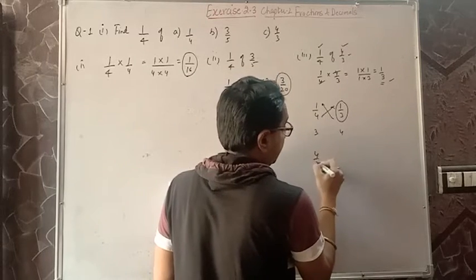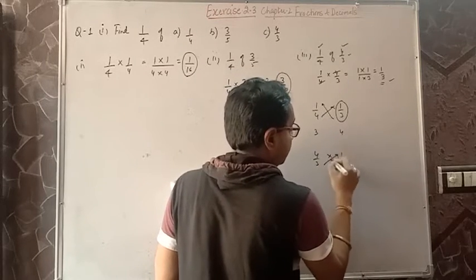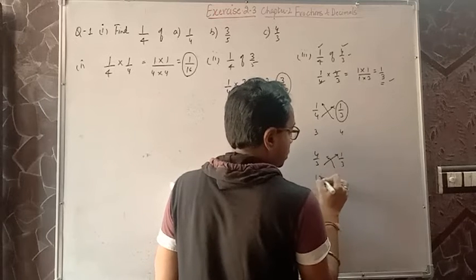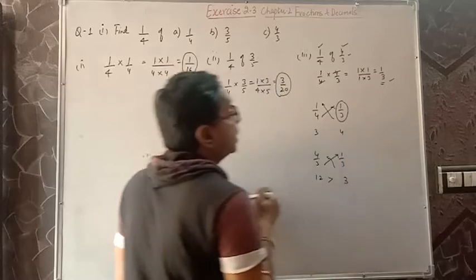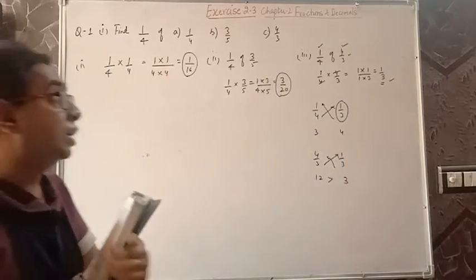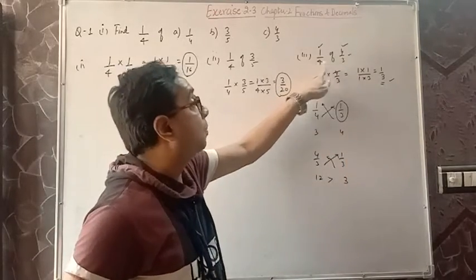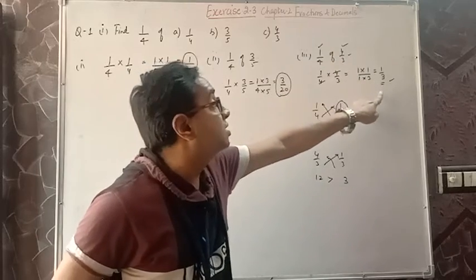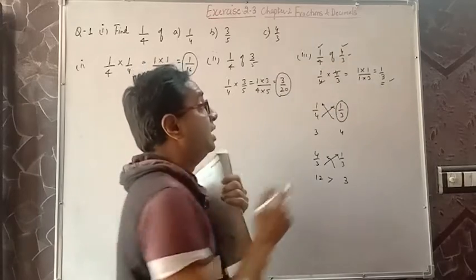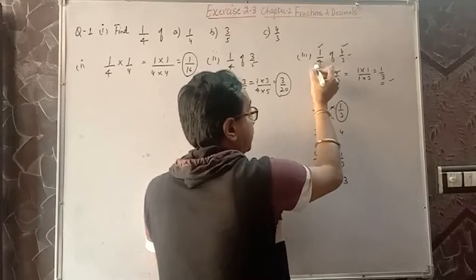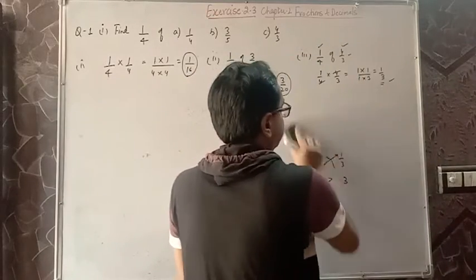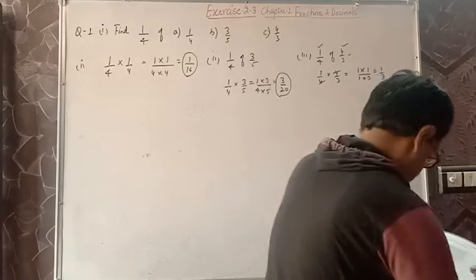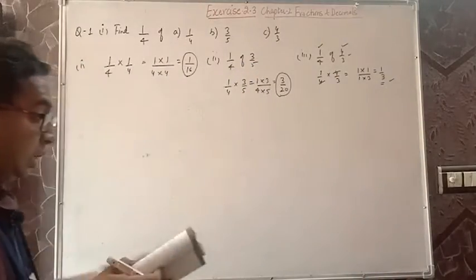Now, if I compare 4 by 3 and 1 by 3, again it is 12 and 3, so the result is less than the improper fraction. So we can conclude that in case of proper into improper, the result is greater than proper but less than improper. Again, clear? Second part you can try. Question number 2.